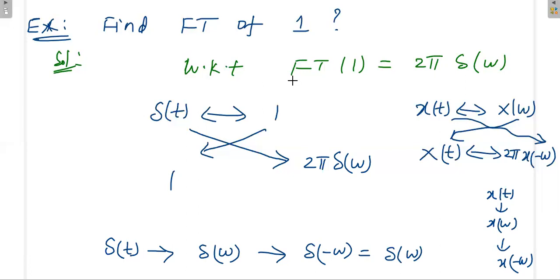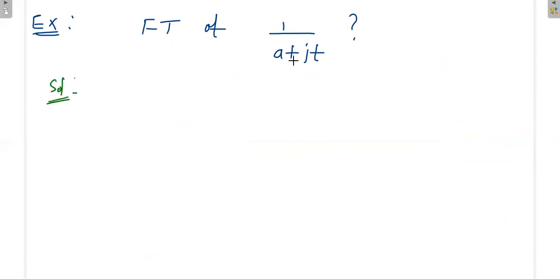Now we'll see some more examples for the duality principle. The next example is the Fourier transform of 1 by a plus jt. What is the Fourier transform of 1 by a plus jt? If you carefully see this, we have already seen this shape in the frequency domain: 1 by a plus j omega.